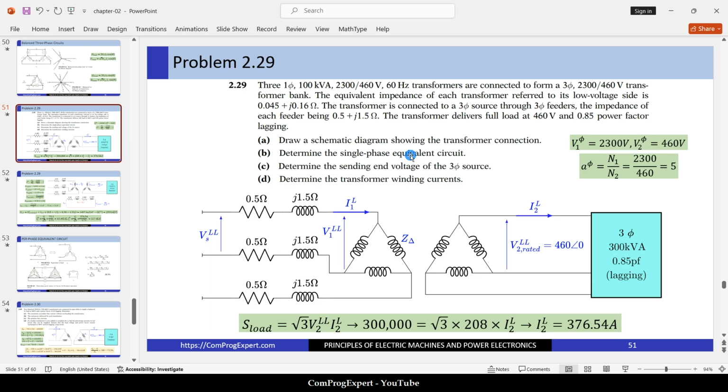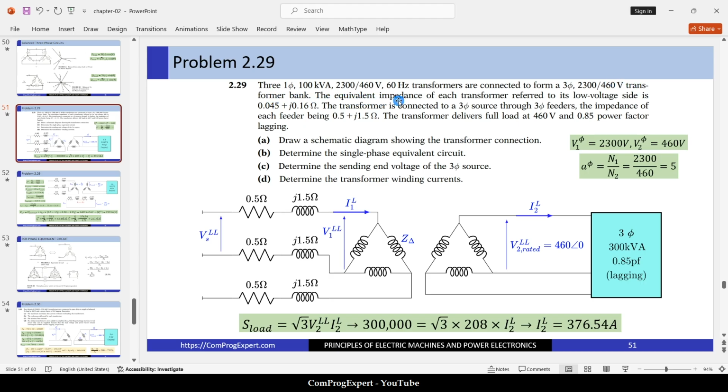Problem 29. Three single-phase 100 kVA 2300 to 460 volts 60 Hz transformers are connected to form a 3-phase 2300 to 460 volts transformer bank.